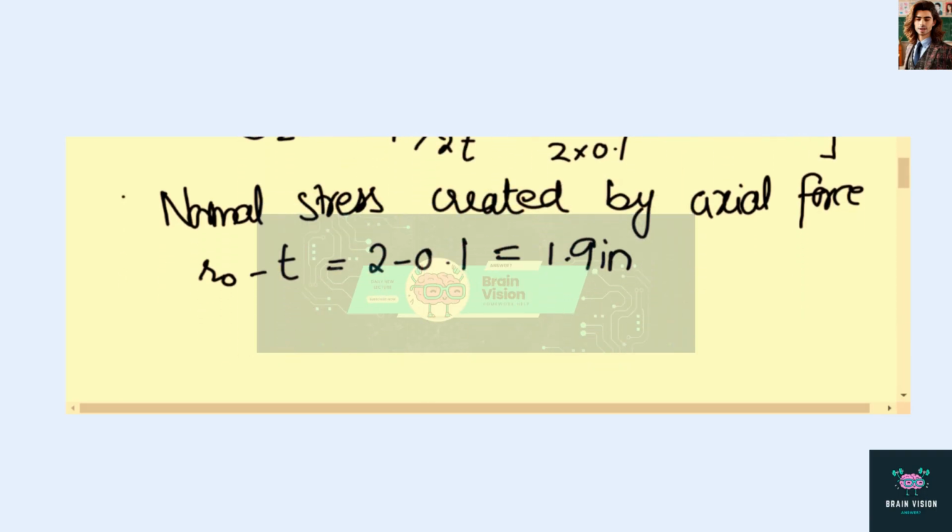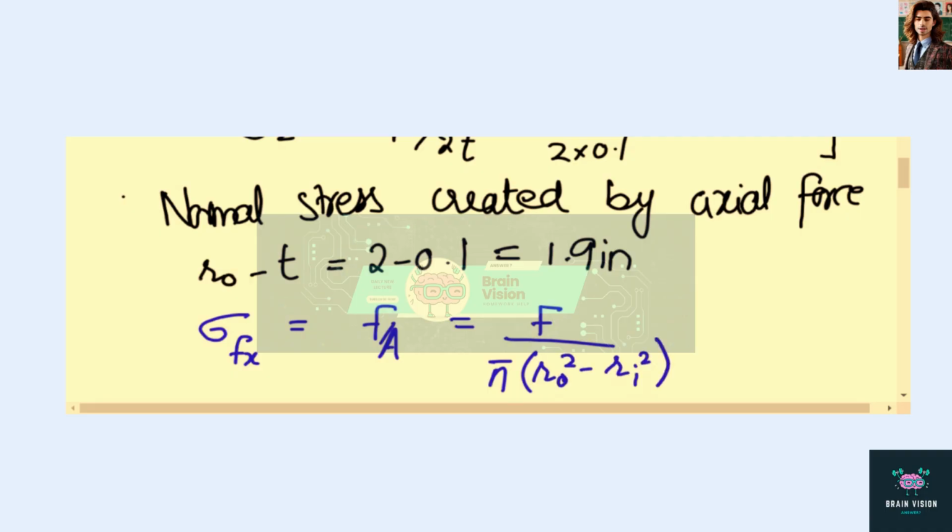The normal stress would be equal to F divided by A, where F remains the same and the area is pi times r naught squared minus r i squared. That is 500 divided by pi times 2 squared minus 1.9 squared.